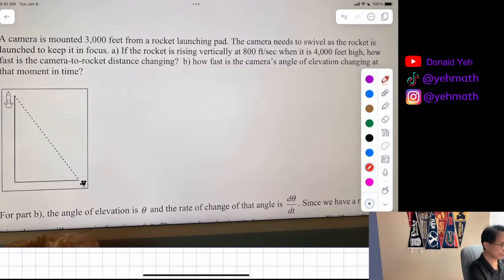We care about part B. You could do part A too if you want, but that's not that hard. We only focus on B right now. But once you finish part B, you can go back and do part A. But you need the part A information. You need the 800 feet per second. But talk about what is constant, what is something that doesn't change?